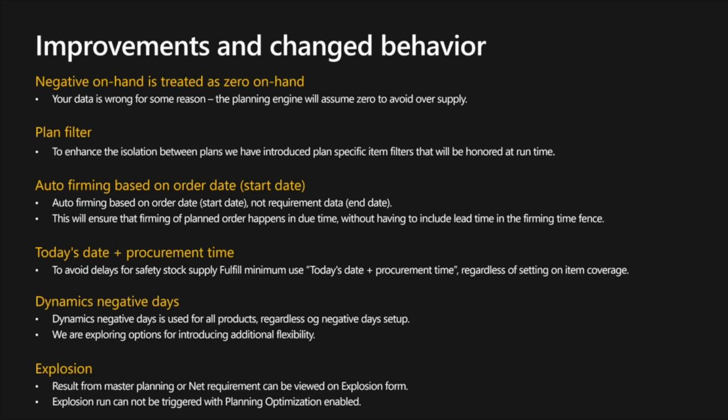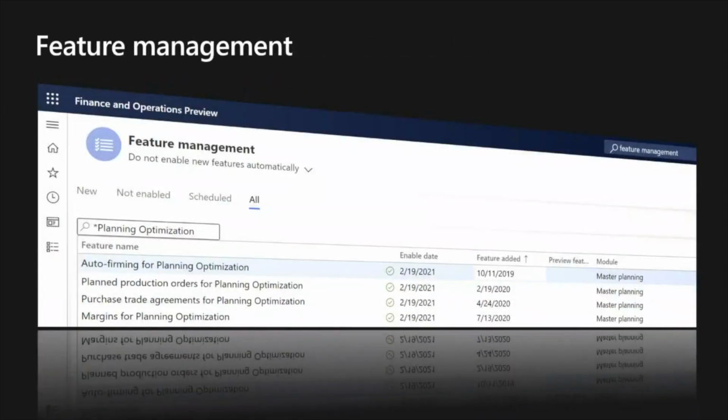But we can still view it. Another thing that's important to notice when you work with planning optimization, ensure that you go to feature management and enable the features that you want to use.